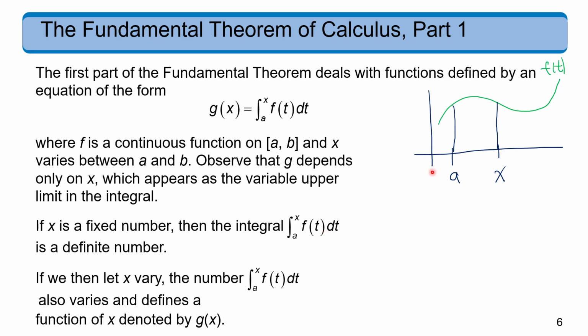And that would be whatever the area is based on the region that's determined by where you chose x. So that's the kind of function we're going to be dealing with in part 1. We still have to get to the theorem, but this will be the function we're working with.